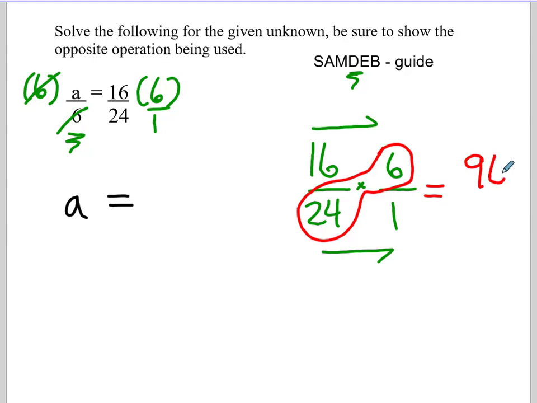So I would have 96 on top, 24 on the bottom. Okay, and then if you want to count 24s, if you're comfortable, 24 and another 24 is 48. Another 24 is 72, and then one more 24 is 96. You could also use your calculator on it. That's a good place to use your calculator. Either way, the answer is 4.